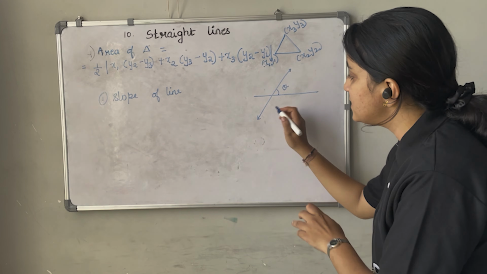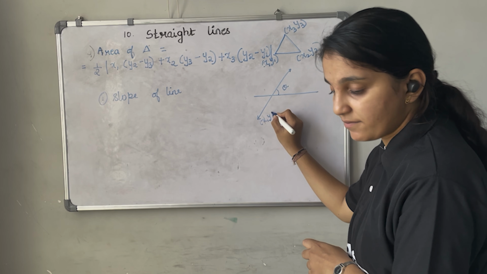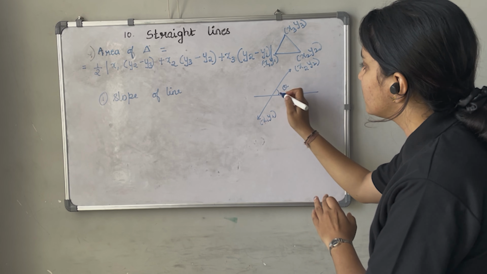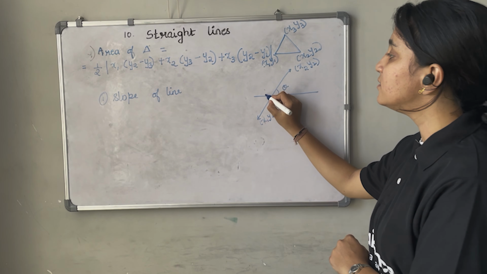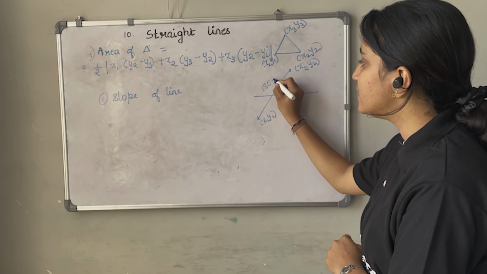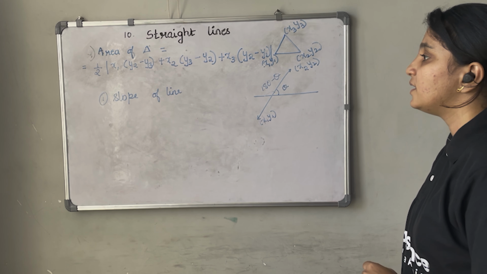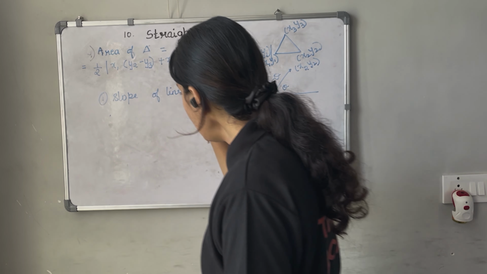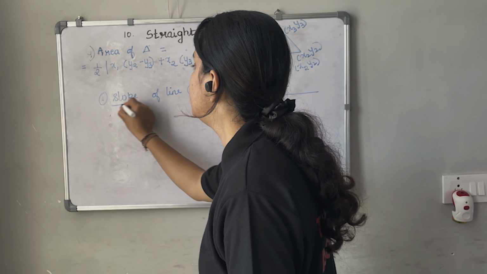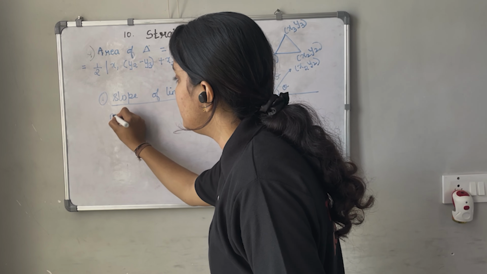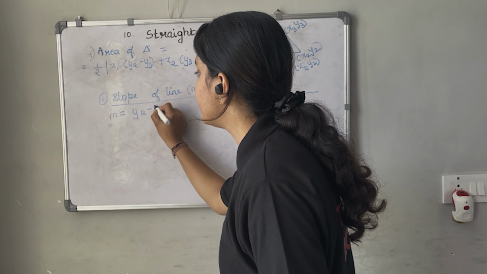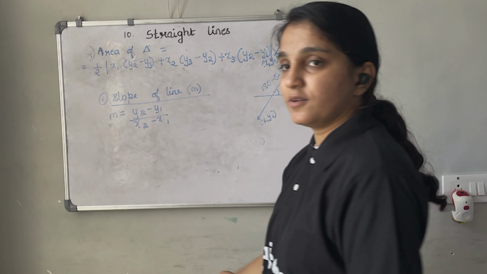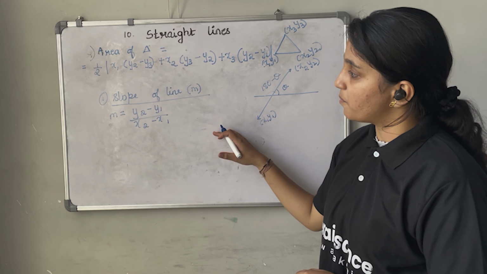The other angle will always be 180 minus theta. If the coordinates are x1, y1 and x2, y2, then the slope of the line, denoted by m, is m equal to (y2 minus y1) upon (x2 minus x1). This is called the slope of a line.